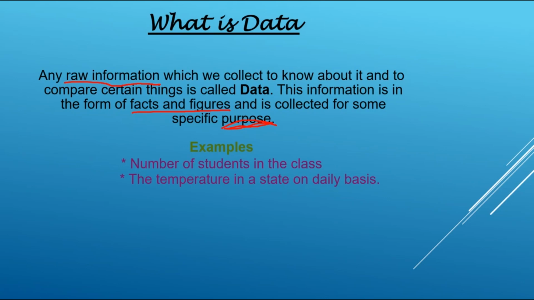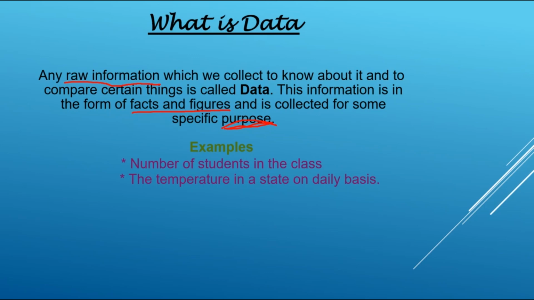Then that same data is recorded somewhere, so that is called organization of data, and then it is analyzed, and then it is reported in the form of your report card. So that is the way data handling steps go.